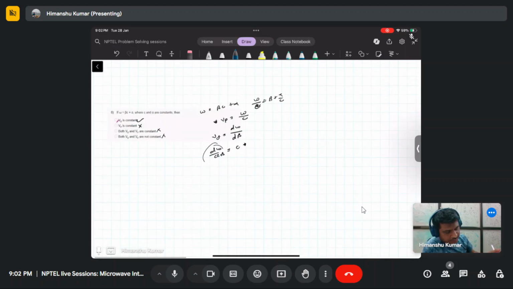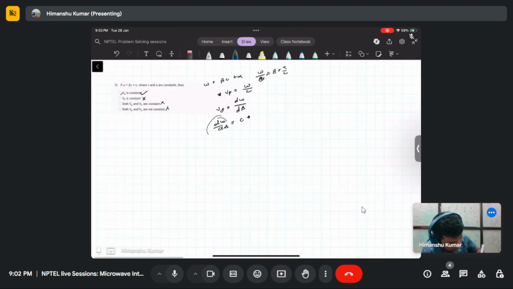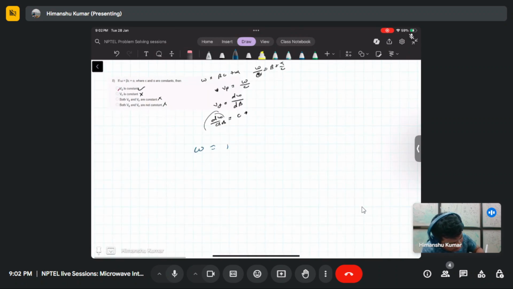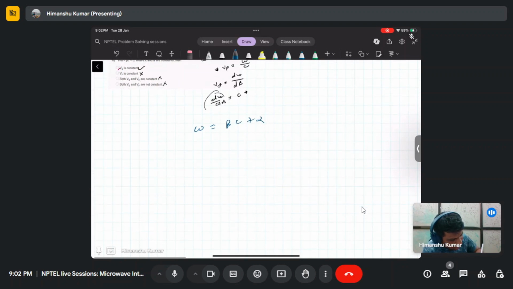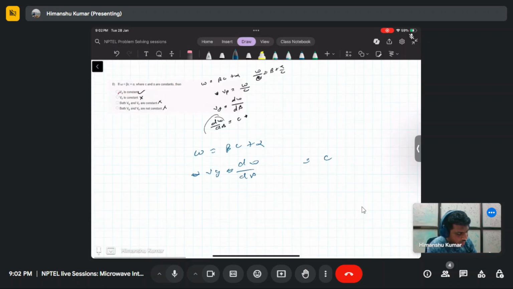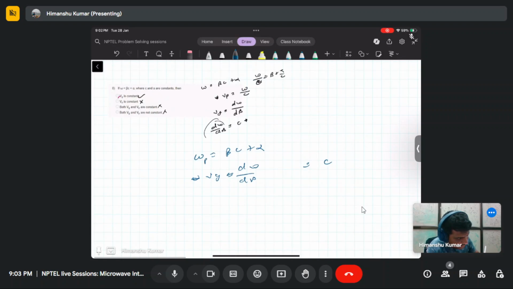So let's move to the next problem. Omega is equal to beta times C plus alpha, where C and alpha are constants. Then the group velocity Vg you can calculate as d omega by d beta, and if you take the derivative with respect to beta, this will become C. The group velocity is constant, and the phase velocity is not constant.